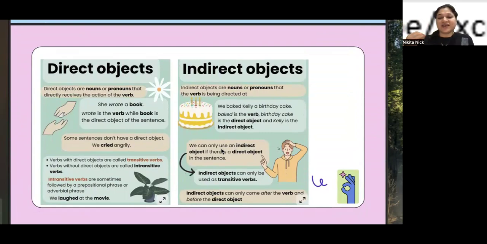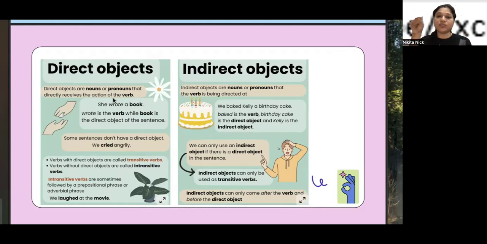See the direct objects and indirect objects. Whenever you're talking about objects, we categorize them into two parts, direct and indirect. Why am I teaching you this? To learn the transitive and intransitive verbs. Direct objects are nouns or pronouns that directly receive the action of the verb.